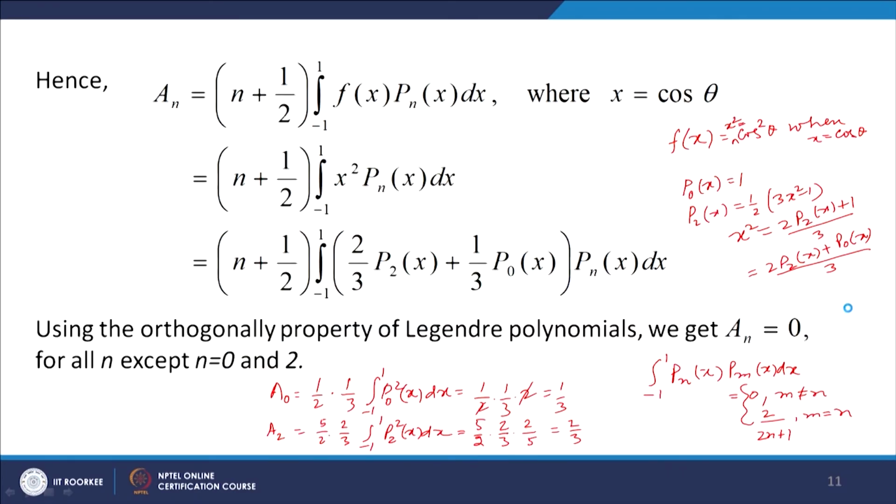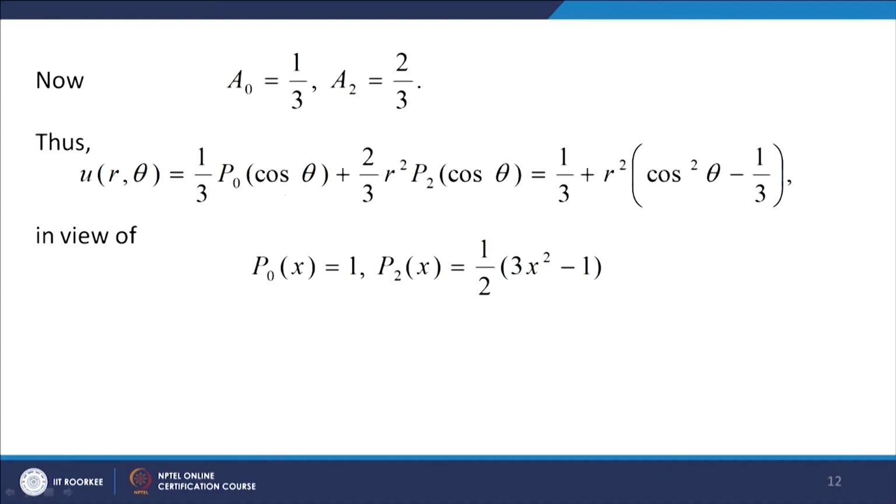Now, we know P naught x is equal to 1, so P naught cos theta is also 1, and P2 x is equal to 1 by 2 (3x square minus 1). So, P2 cos theta will be equal to 1 by 2 (3 cos square theta minus 1).